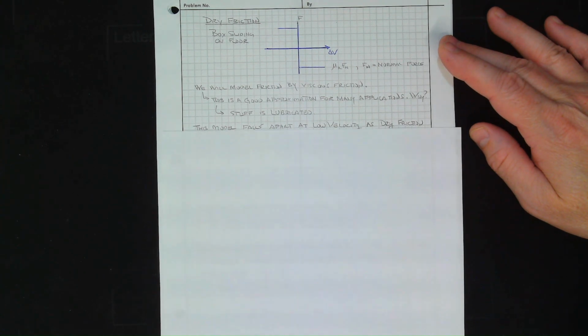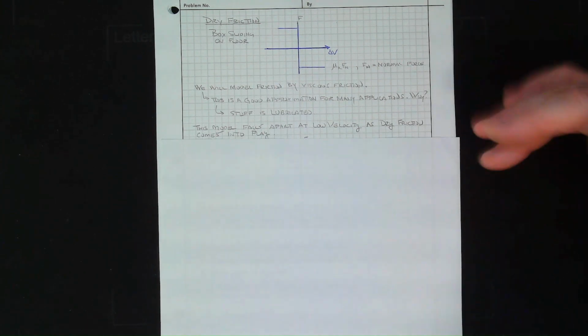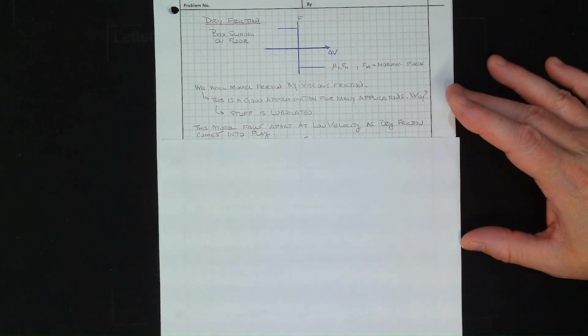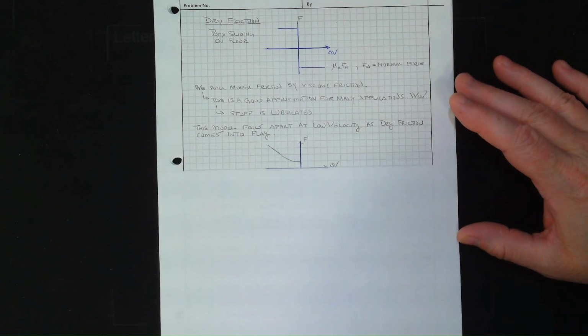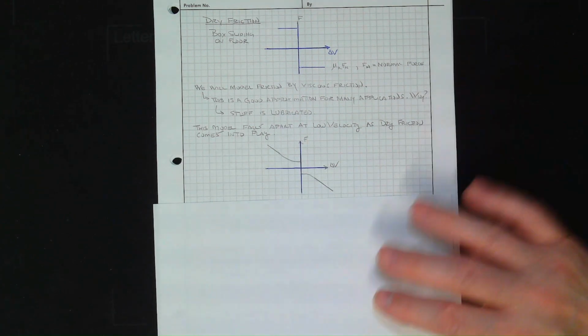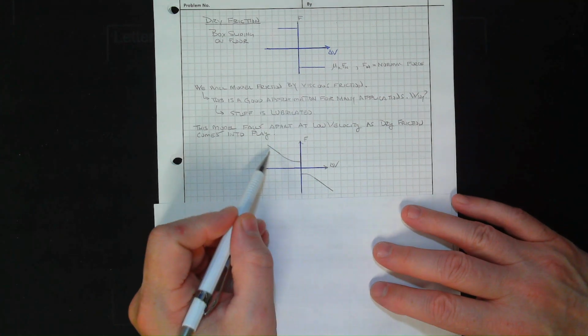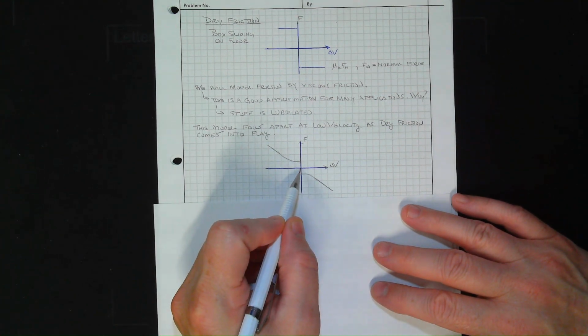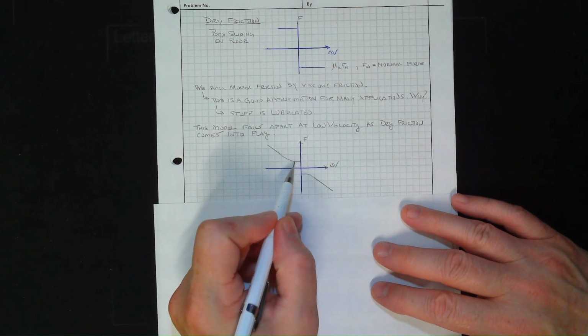Now, we should note that the model for viscous friction tends to fall apart at really, really low velocities, as almost a dry friction comes into play. And so instead of being just proportionate to velocity and going down to 0, you still have some level of friction.